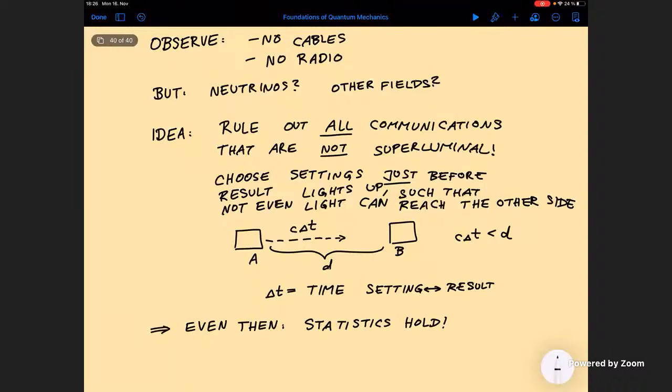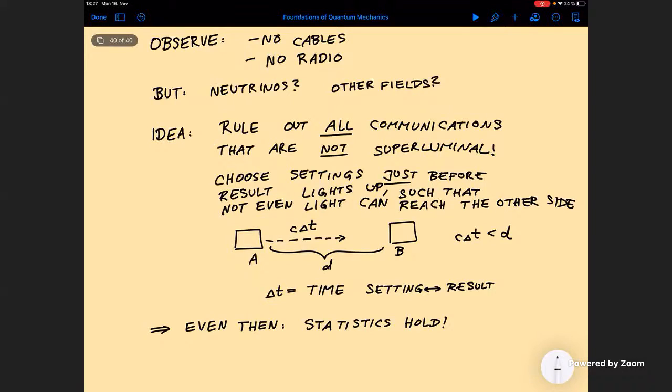Okay, someone else points out that if you want to actually take the statistics and compare them, then of course at some point you have to indeed communicate. So one way of doing these things could be that at first A and B work on their own, take their random settings according to a time schedule.